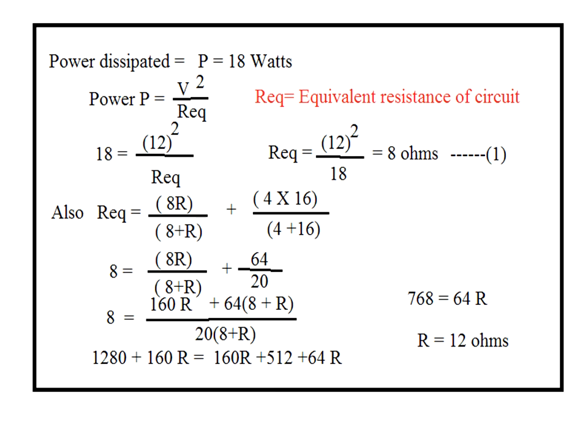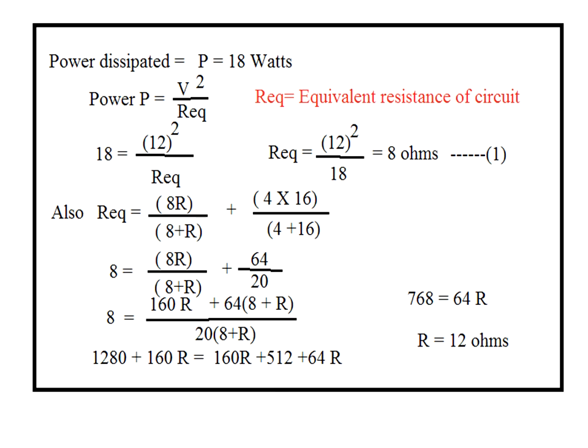Hence, one combination 8 and R, that is R1 into R2 divided by R1 plus R2: 8 into R divided by 8 plus R, one parallel branch, plus 4 into 16 divided by 4 plus 16, another parallel circuit. Getting the idea? So, we know the R equivalent value is 8 ohms. You substitute the value and solve.